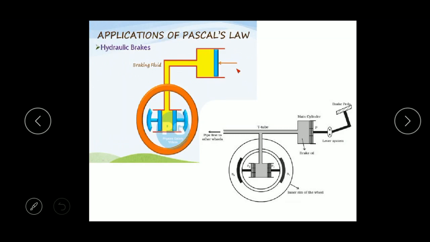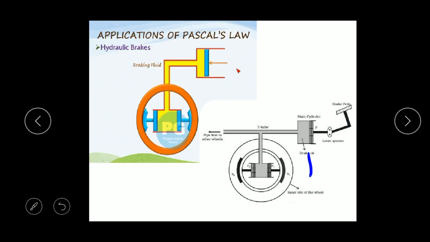So here we have the master cylinder, fitted with a piston P, and this piston P is attached to the brake pedal with the help of a lever system. So this is the first point.